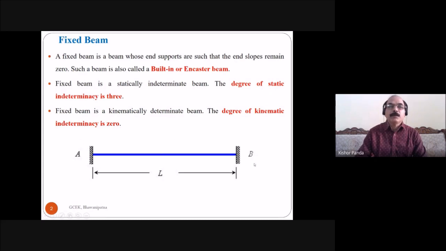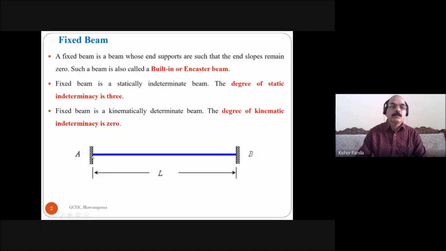Similarly, the fixed beam is a kinematically determinate beam. Why is this kinematically determinate? Because here you see the vertical direction, the horizontal direction, and the moment. Due to these three reactions, no displacement takes place against the force direction.